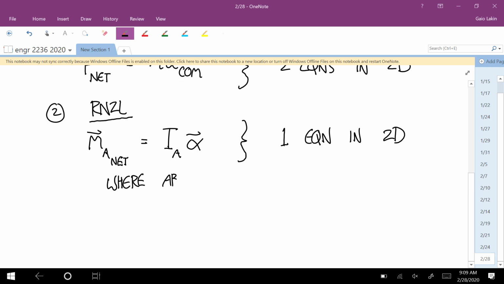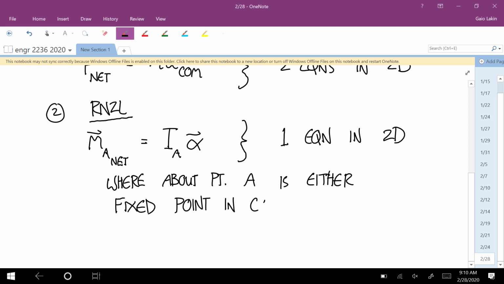this about point A has to be either a fixed point in the coordinate system. By a fixed point, I'm talking about like a joint between the body and the ground.